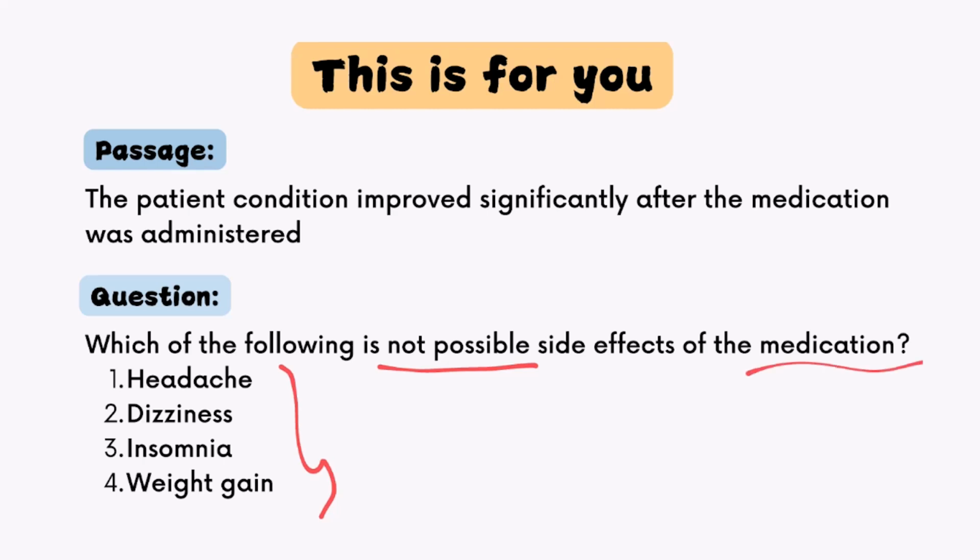You might have learned previously, or during your college days, headache, dizziness, insomnia might be symptoms of medication. Whenever you're handling a drug note, definitely you might have come across these, right? But about weight gain, if they have given any therapy like hormonal therapy, some symptoms will improve regarding weight changes.